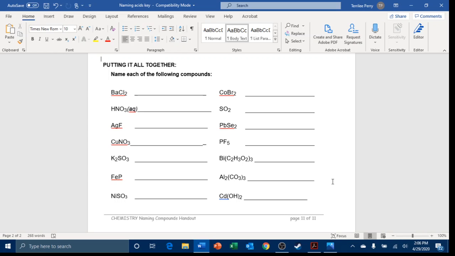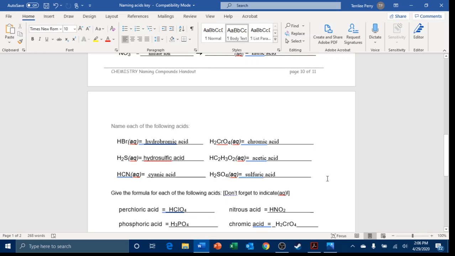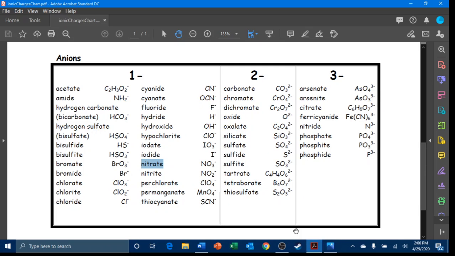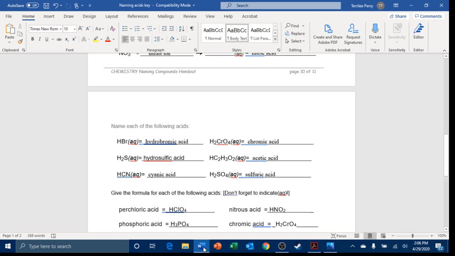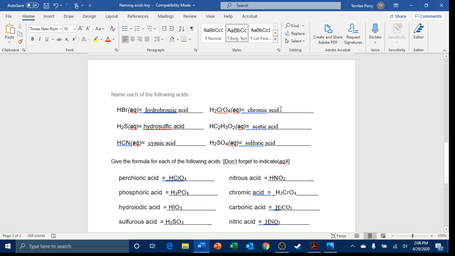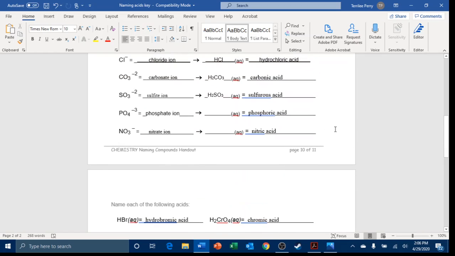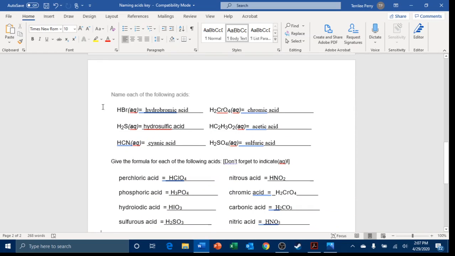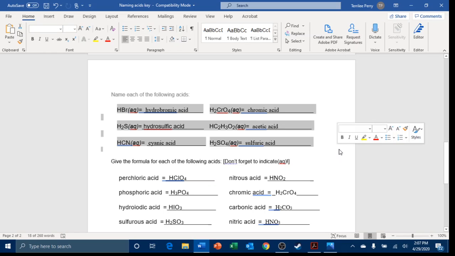So the main thing that you're going to need to do on the quiz, you can use this chart with all the anions. I'm just going to give you the formula, and you just have to name them, because I don't really care right now that you can go back and do the formula. Your quiz will be pretty much that section.